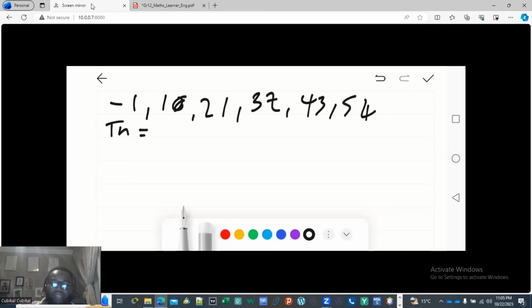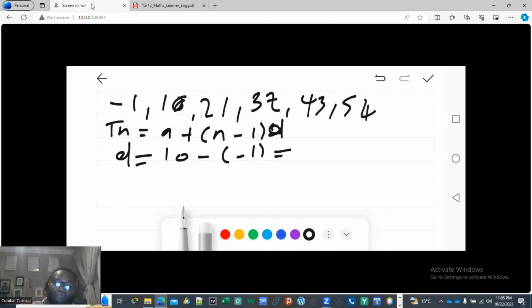need to get Tn equals a plus n minus 1 multiplied by the difference. So we are getting the difference as 10 minus -1. It's going to be what? 10 plus 1, which we're going to get as 11. Let's try it with 21 minus 10.